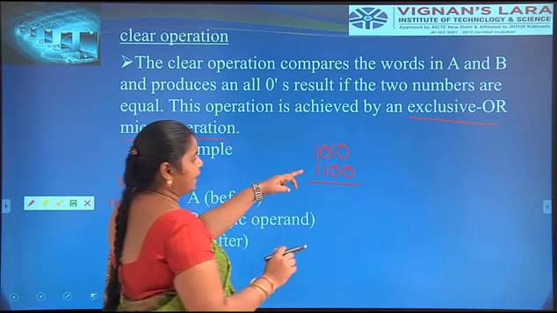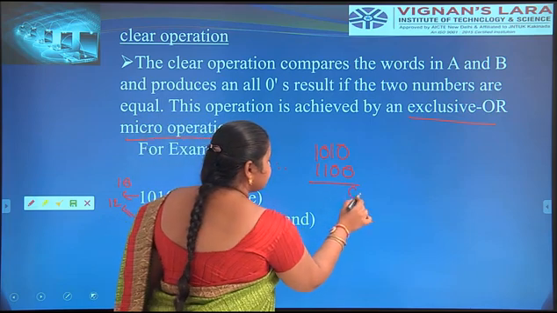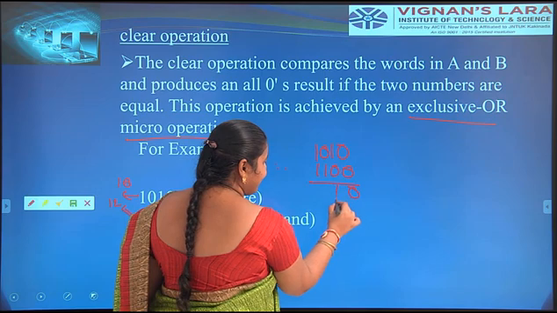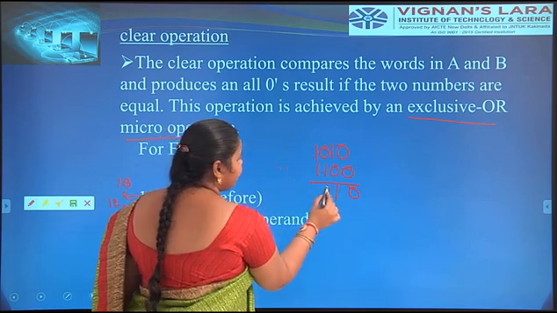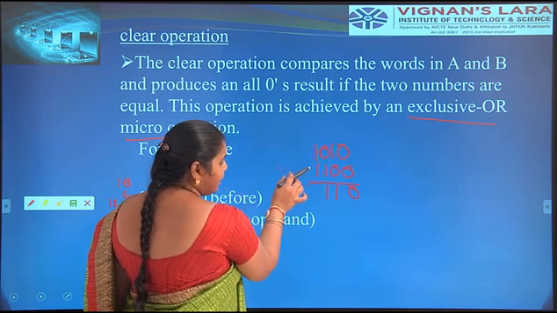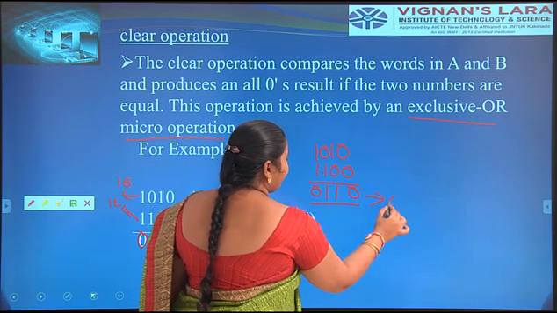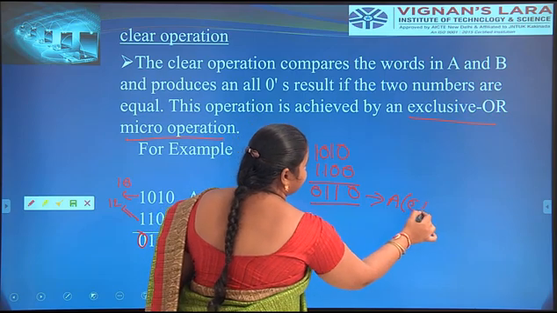If A and B are both 1 or both 0, that is considered as 0. If A bit has 1 and B bit is 0, that is considered as 1. And here also A bit is 0 and B bit is 1, it is also considered as 1. And here both bits A and B are 1, that is considered as 0. This is after calculation of the A bit for the clear operation.